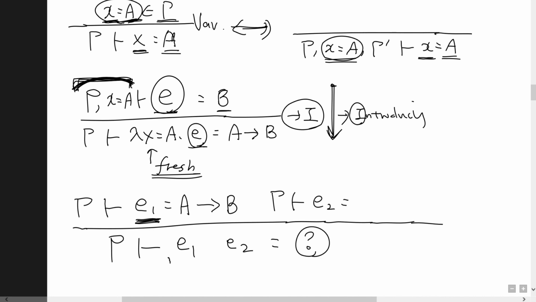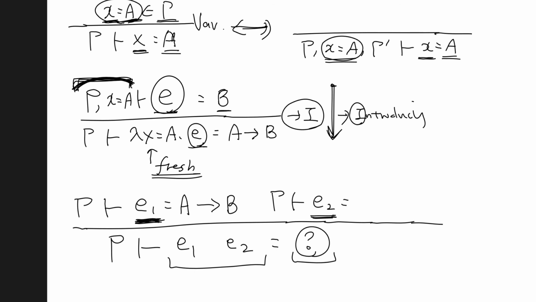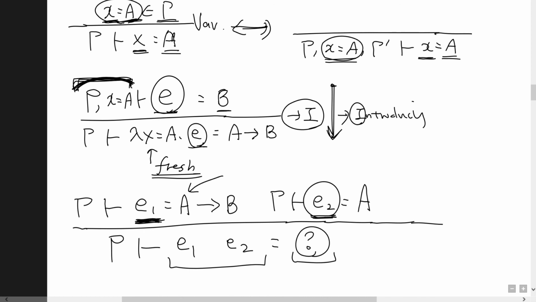In order for the whole expression to have an interesting type, both E1 and E2 must have valid type. And if we think about the meaning of this lambda application, this E2 must have the same type as the argument type here. Otherwise, we don't expect the expression E1 applied to E2 to have some interesting type.